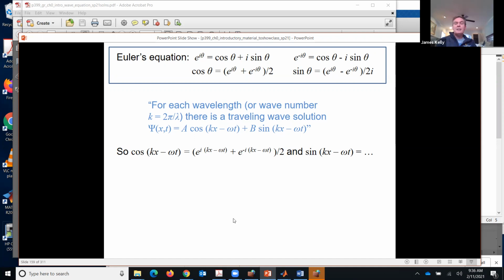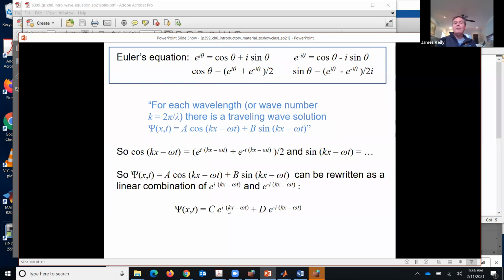And I can similarly express sine that way. And therefore, I could rewrite this traveling wave solution in a completely equivalent form by solving for what coefficients C and D have to be. I could say, it's up to me. For the classical wave equation, I could either write this as the most generic traveling wave or this as the most generic traveling wave with arbitrary coefficients out in front.